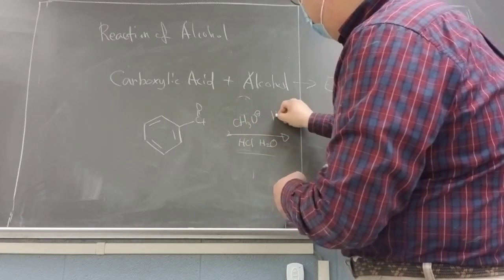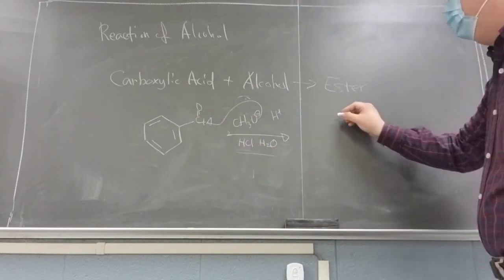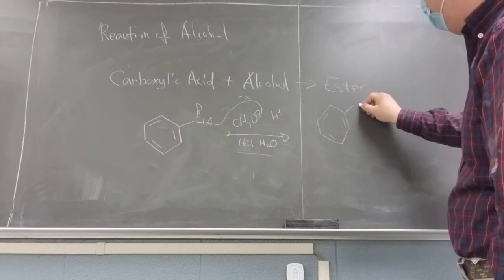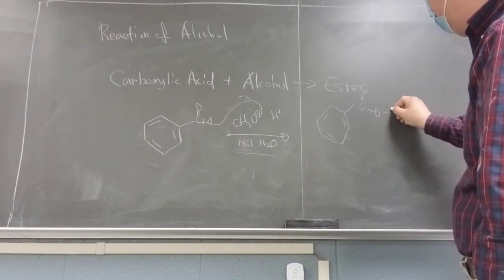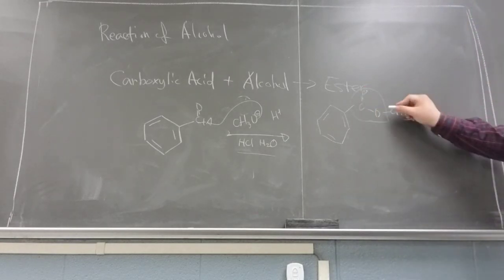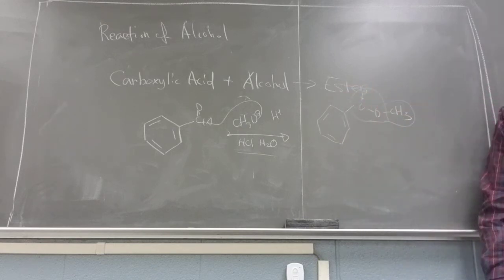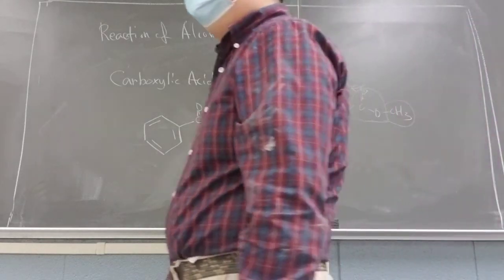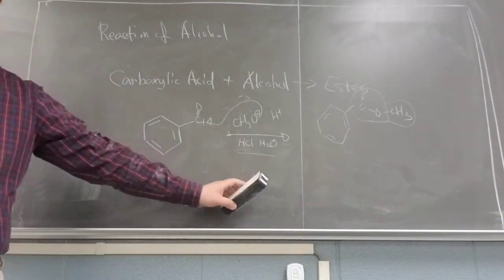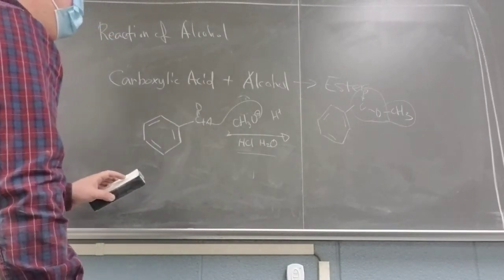Methoxide and the cation over here bond together. So they will become this one. As you can see, you have a carbonyl group and an ether combined with the acid group over here. So this is something we can do with alcohol and carboxylic acid, so we can form some ester group here.